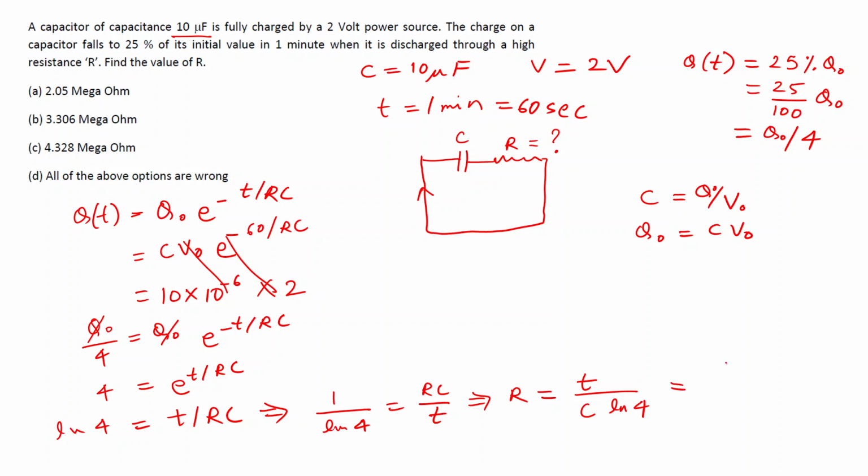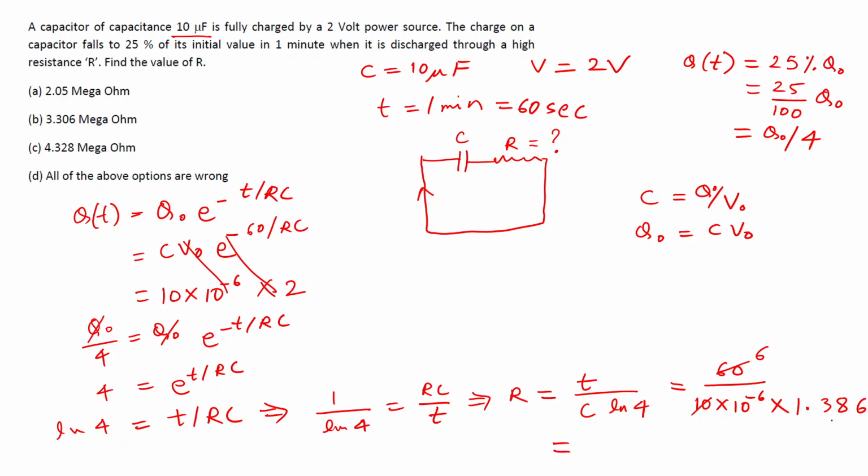Let's see, t is 60 seconds, capacitance is 10 microfarad, and the value of natural log 4, let me just calculate using our scientific calculator. Natural log of 4 is actually 1.386. Let's solve this.